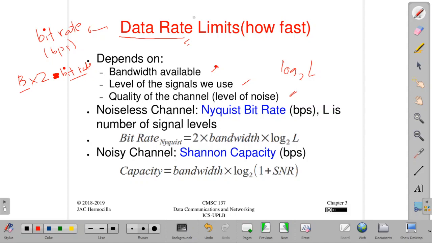Now, there are two theoretical limits when it comes to data rate.